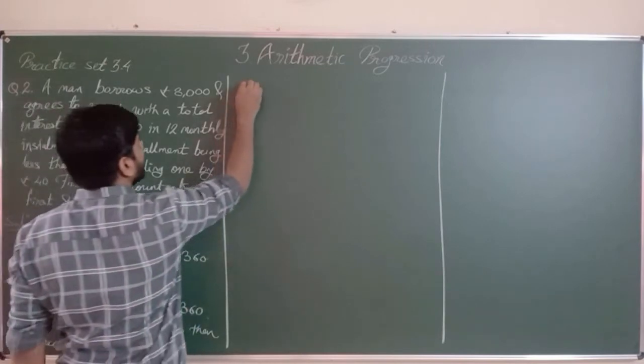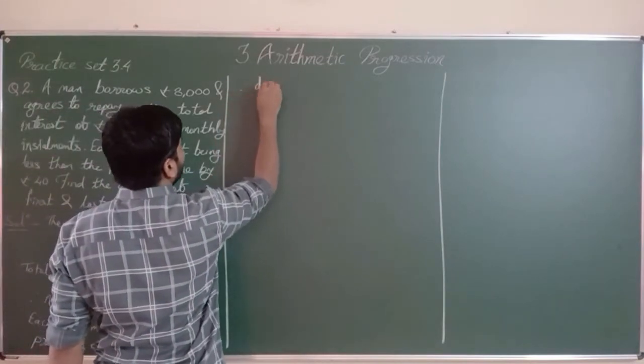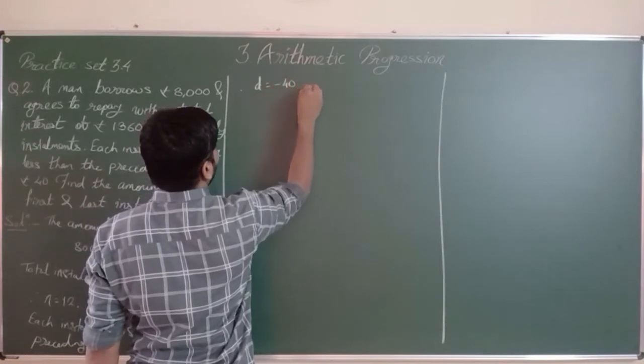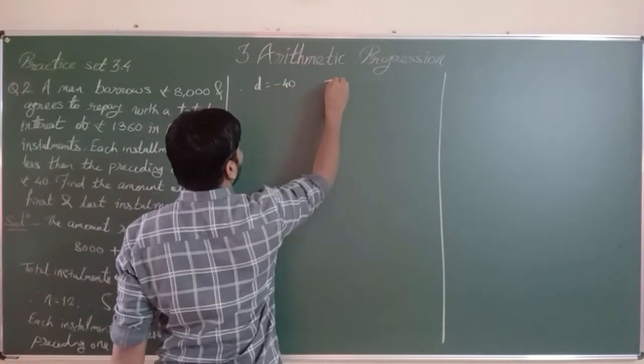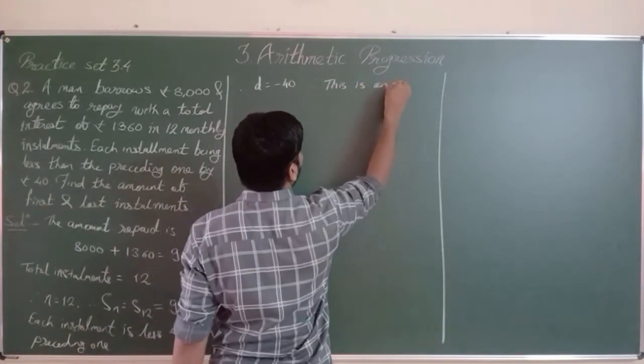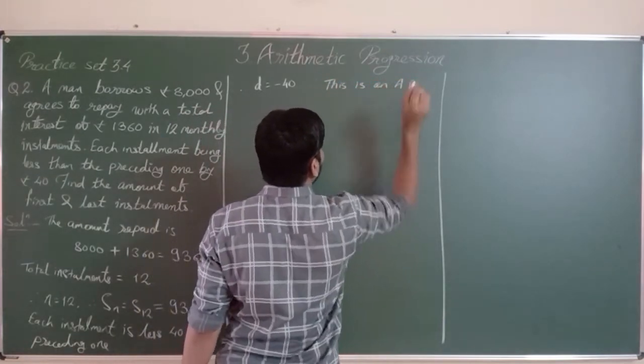Therefore, common difference, that is d, is equal to negative 40. Therefore, this is an arithmetic progression.